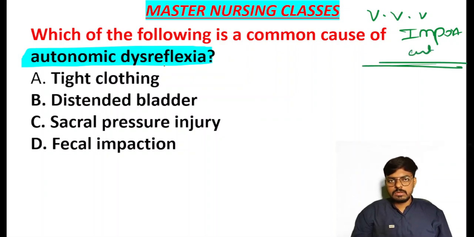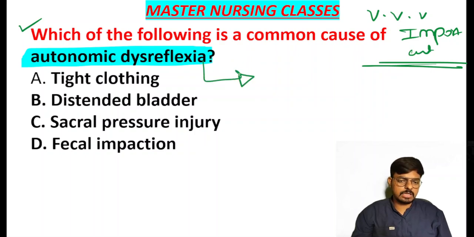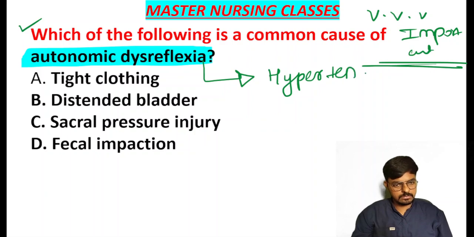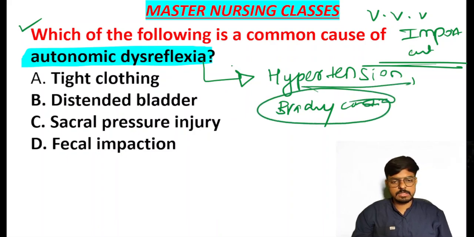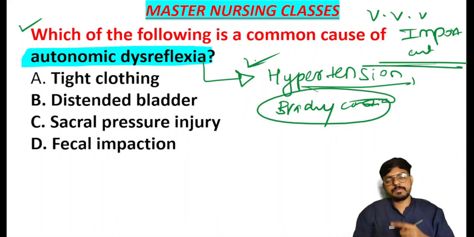This came in your last NORCET 8: they asked the symptoms of autonomic dysreflexia, and in the options they gave hypertension and bradycardia. Hypertension and bradycardia is the correct answer for the question asked in NORCET 8.